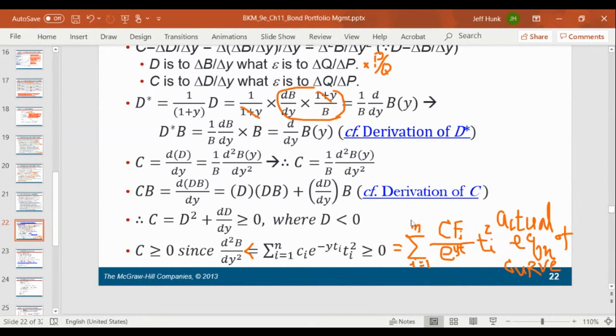So this is the actual curvature, right? And the actual curvature is always positive. What does that mean? That's the definition of convexity.